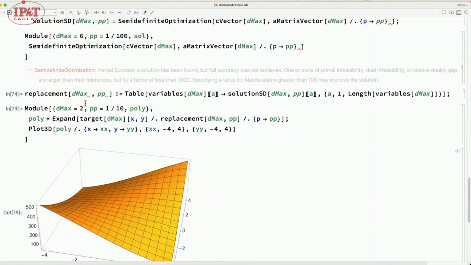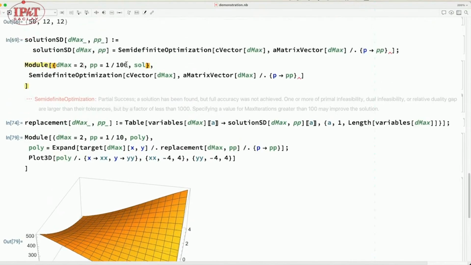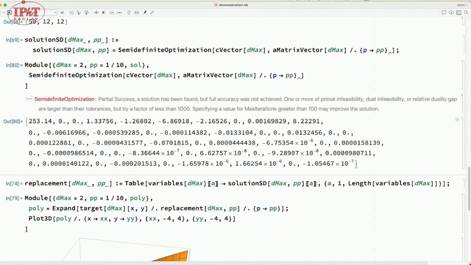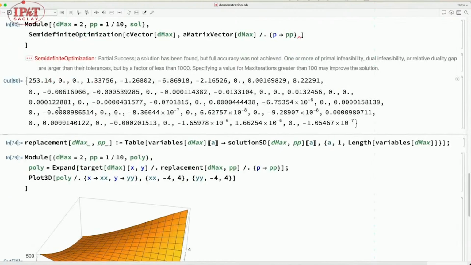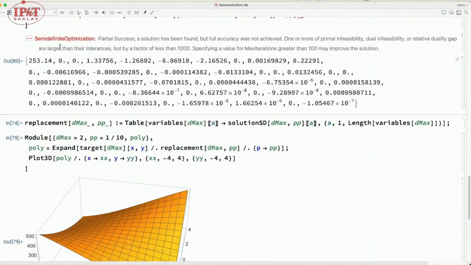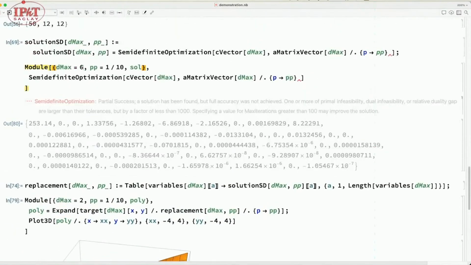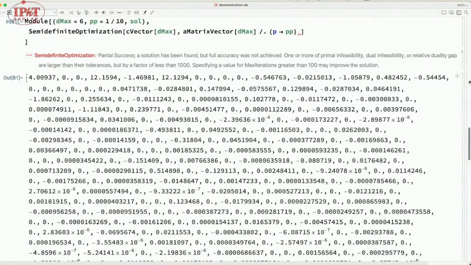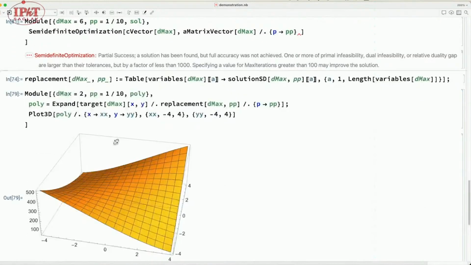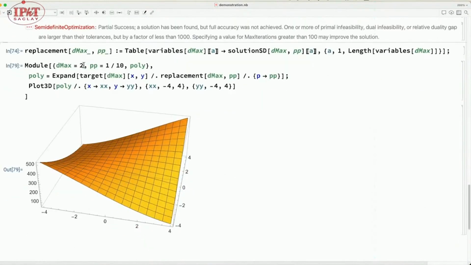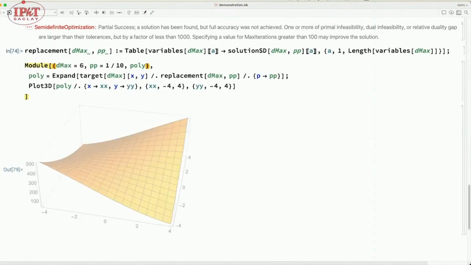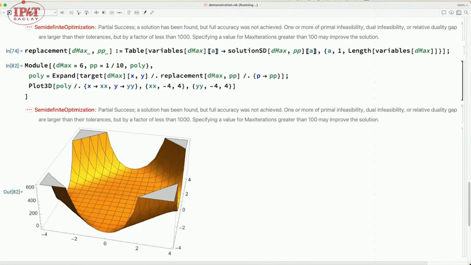But also remember that for D max, our solution was not very precise because the upper bound was like 2.53 instead of 4. When we increased it to say 6, it was quite close to 4. So what we should see is that this function is going to be close to 0 only on a circle of radius 2. So let's see if that fits.